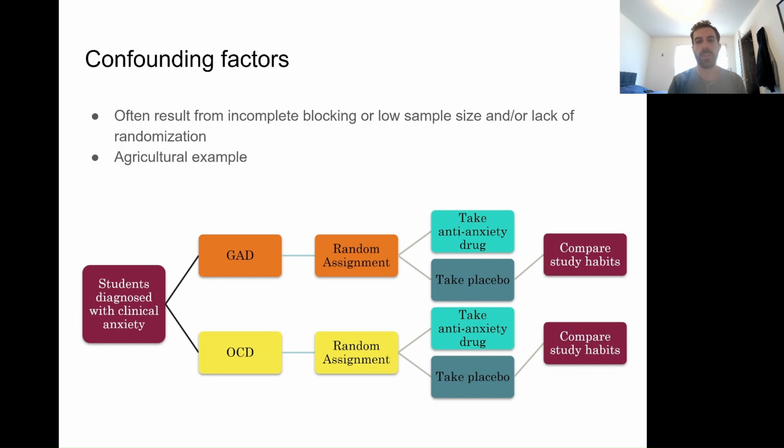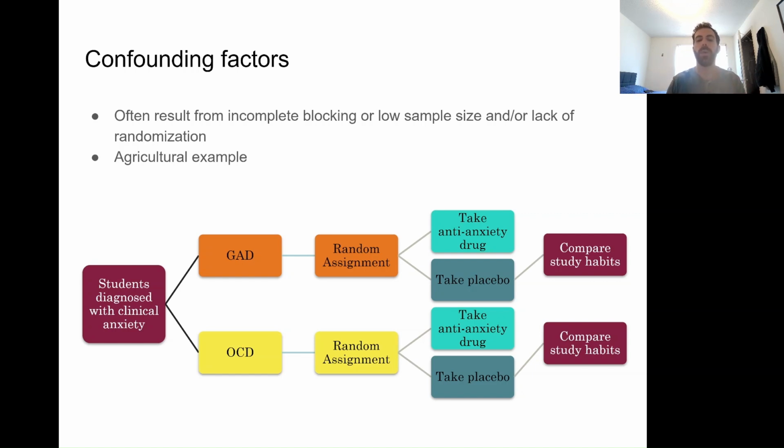Another way to address confounding factors, as I mentioned here, is through blocking or stratification. So let's say, we'll use the example of drug approval. There's an anxiety drug that's been developed, and we want to test how it affects the study habits of students. Well, there are different types of anxiety, and maybe there's reason to believe that people with generalized anxiety disorder will have a different effect than people with obsessive compulsive disorder.